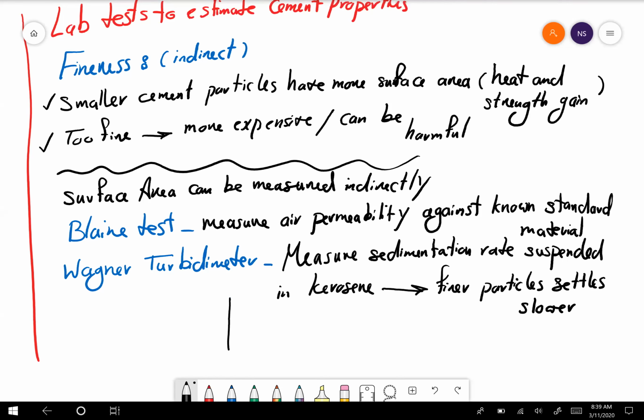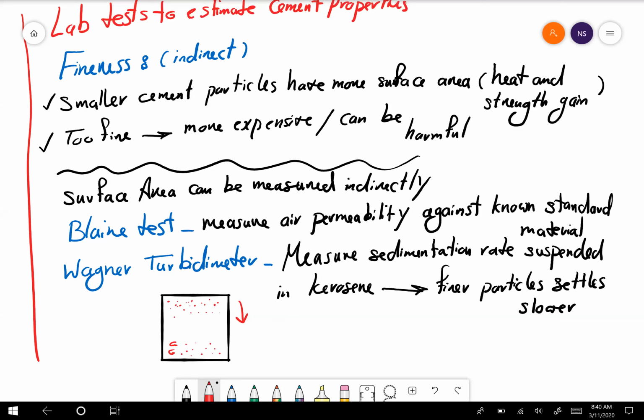Right? So imagine that you have a sort of a liquid, and then you have different types of particles in here. If you have larger particles, they take more time to settle in the liquid, and if you have finer particles, they settle faster. I'm sorry, it's actually the other way around. So if you have fine materials, they take more time to settle, right?